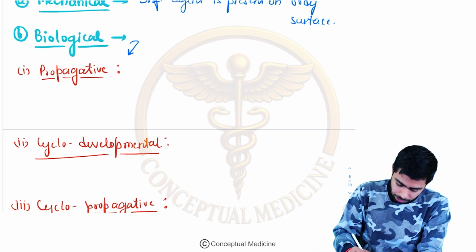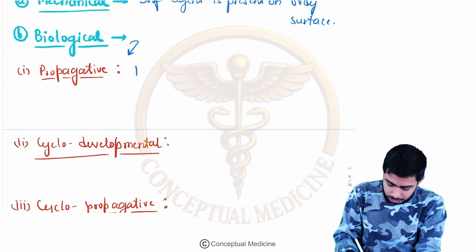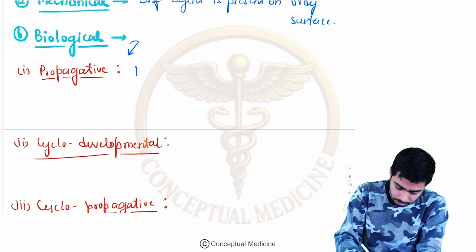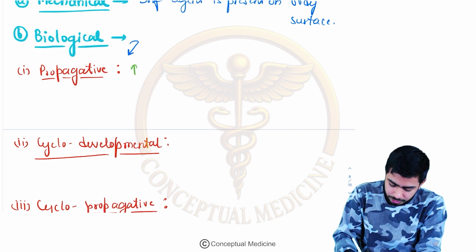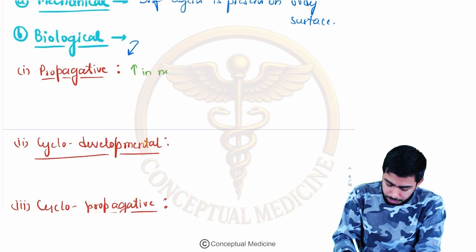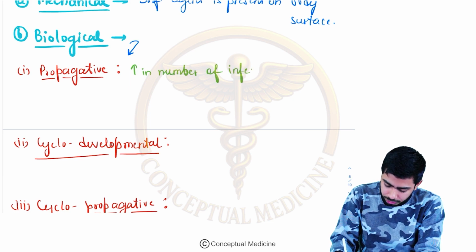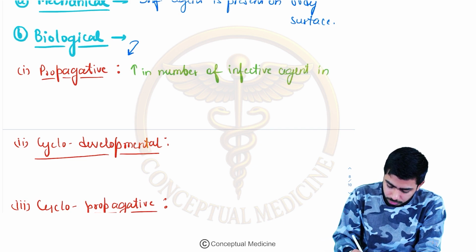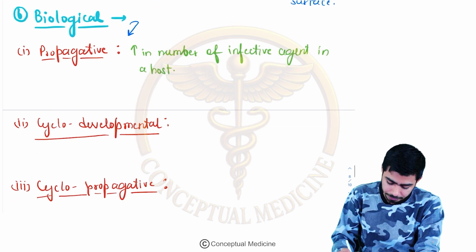So if there is an increase in number of infective agent in a host, that is an example of propagative type, right?